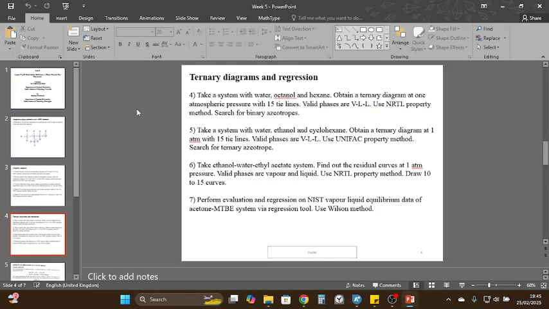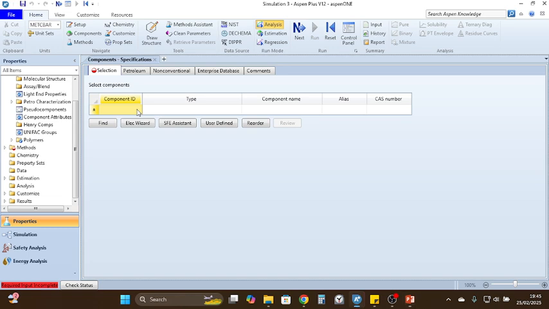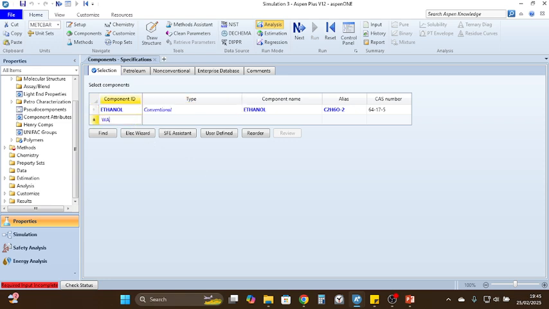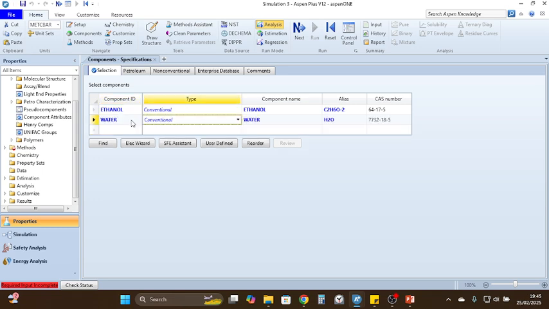So what components are there? We have ethanol, water and ethyl acetate. So ethanol, water and ethyl acetate.